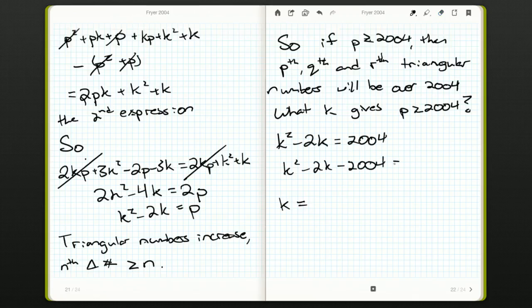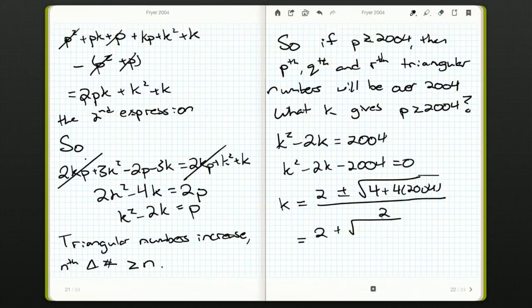I don't have to explain the quadratic formula as much this time, so that's 2 plus or minus the square root of 4 plus 4 times 2004, all over 2. We still want the positive value. 2004 times 4, 8016. I'm pretty sure that is not a square either.